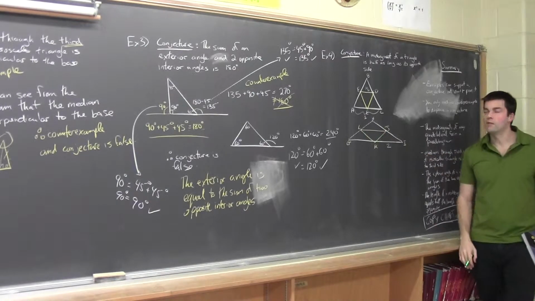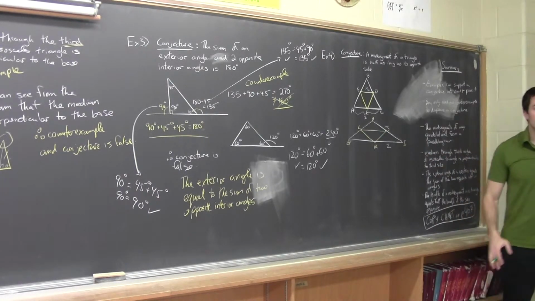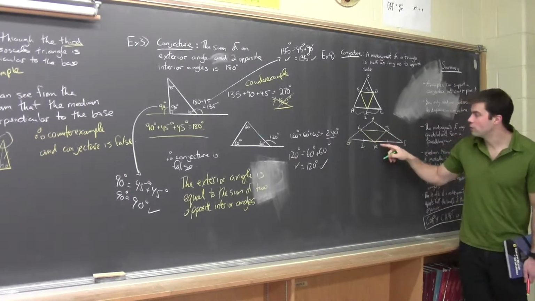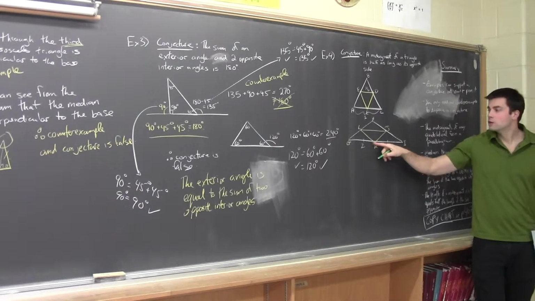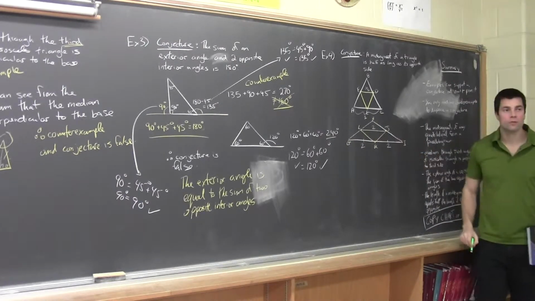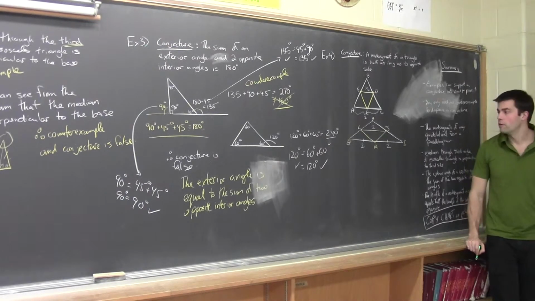So what is the length of LJ? Mark? 2. 2, very good. And the reason he got that is because he knows that this is 2 and this is 2 because that's the midpoint. So this length is 4. Half of 4 is 2. Okay, that's the type of questions you're going to see. Any questions there?